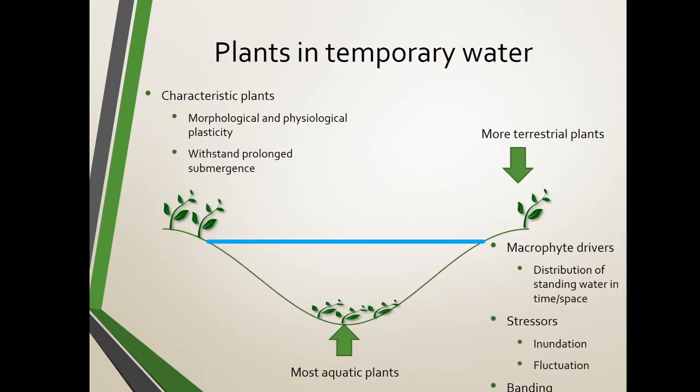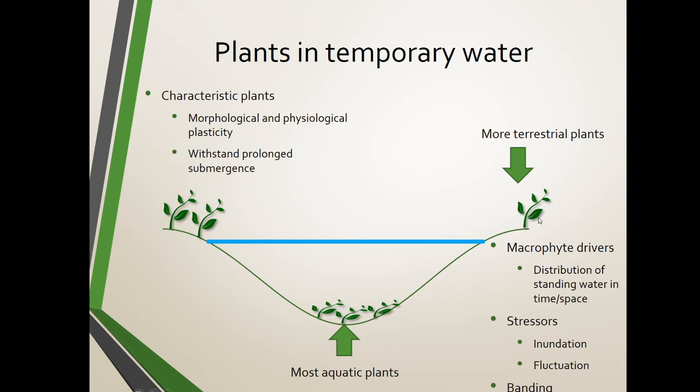The plants then show really interesting patterns because the plants need to be very, very plastic, meaning flexible in their physiology. They need to withstand prolonged submergence, but they also need to withstand potentially long times without any water.